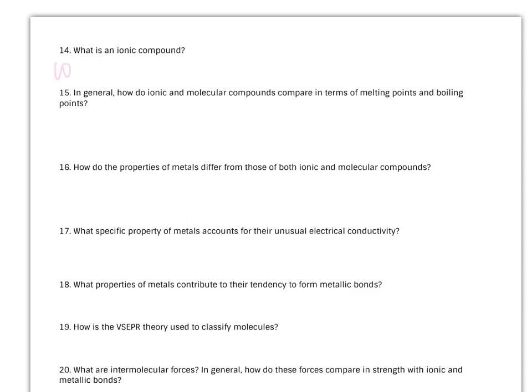So they're composed of cations and anions of equal and opposite charges. So like sodium chloride, sodium has a 1 plus charge, chlorine has a 1 minus charge. They are equal and opposite because opposites attract.